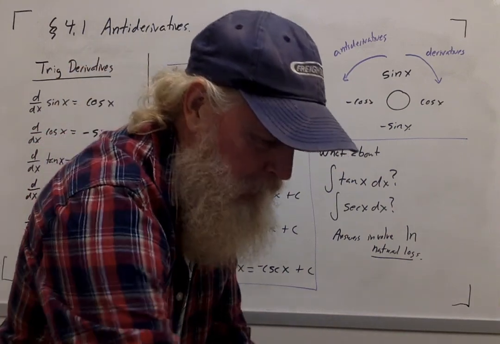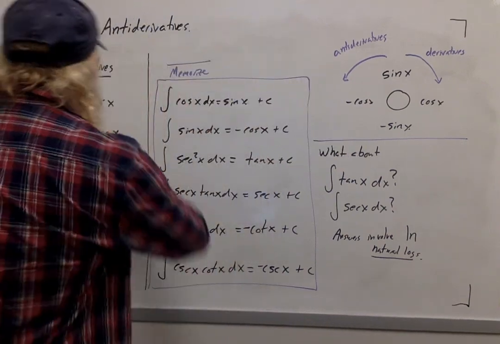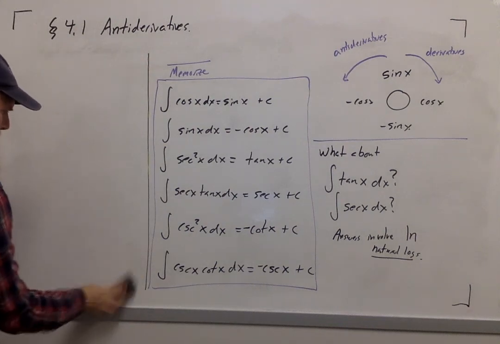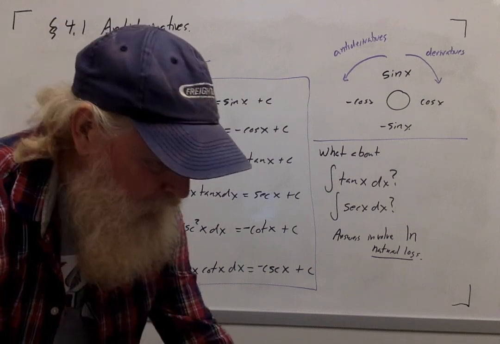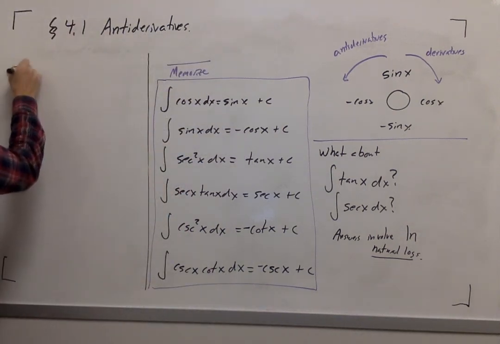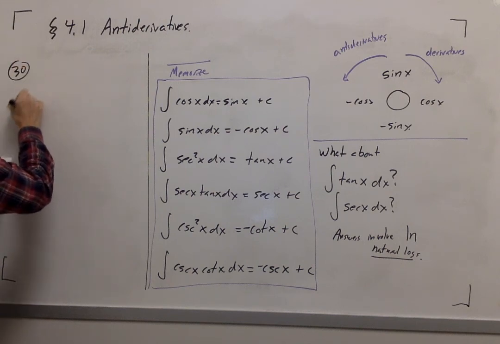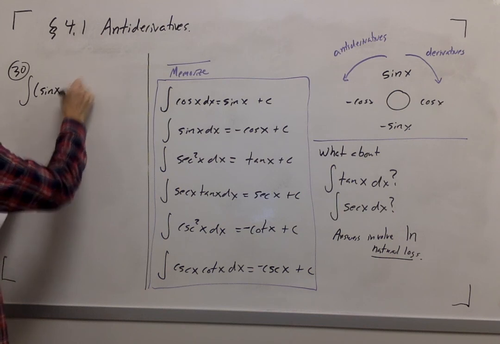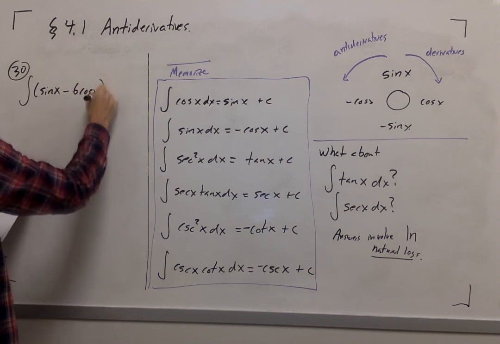So let's look at a couple of quick examples. These are both from the textbook. In problem number 30, you're asked to find the antiderivative of sine x minus 6 cosine x.